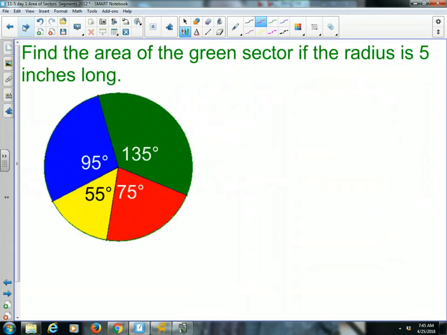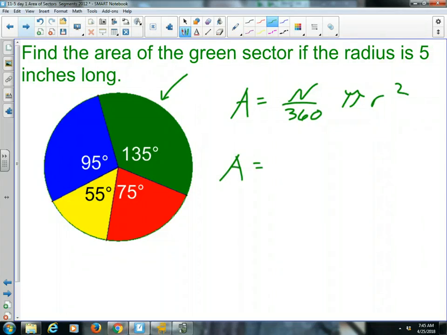Find the area of the green sector if the radius is 5 inches long. So, of course, this part right here is my green sector, and the angle is 135. If the area of a sector is n over 360 pi r squared, the area equals 135 over 360 pi r squared.